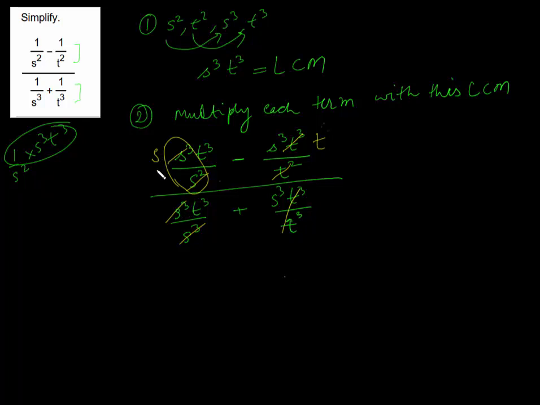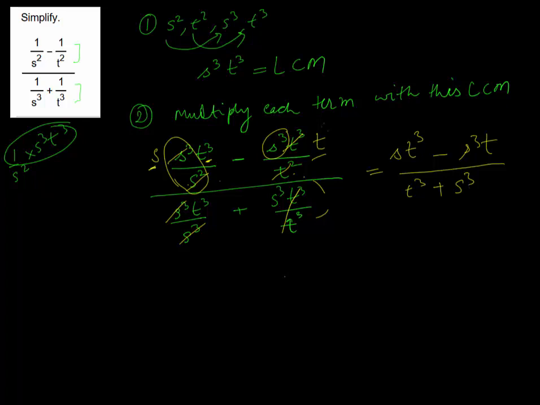We are left with on the top s and t cubed. So this should be written as s t cubed minus s cubed t, over, because the denominator is all gone, the next step is just writing what's left here. So that's only t cubed plus s cubed, right?